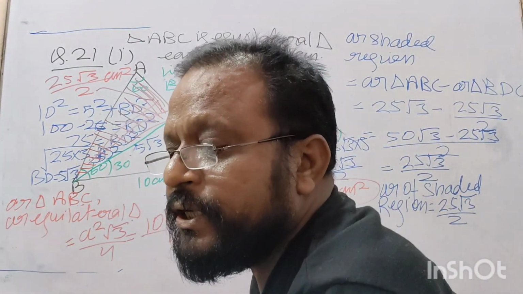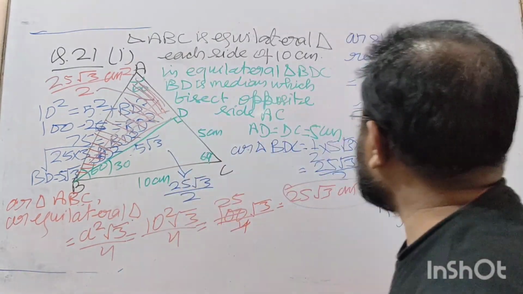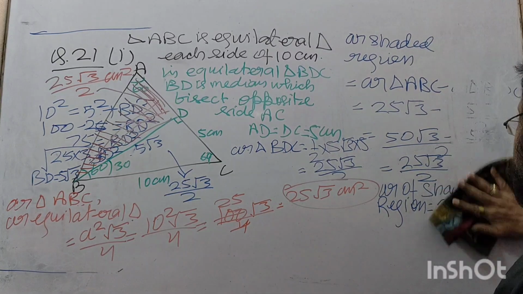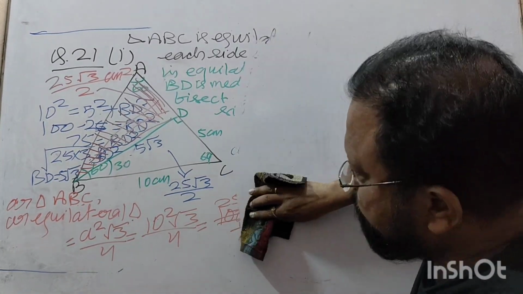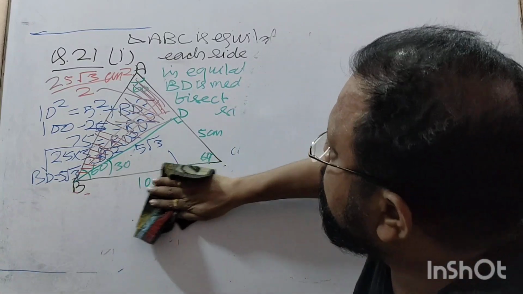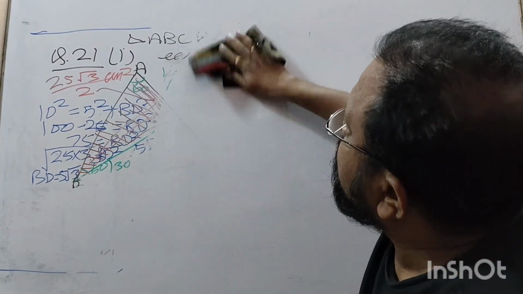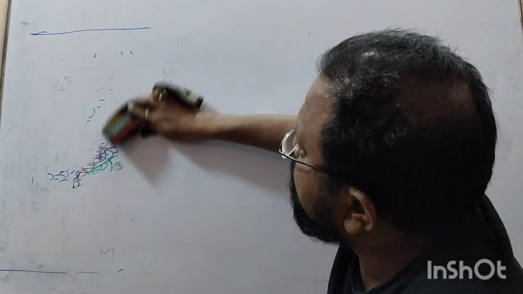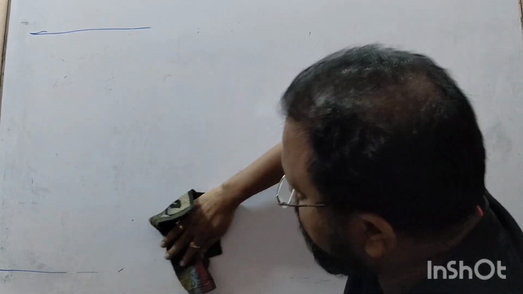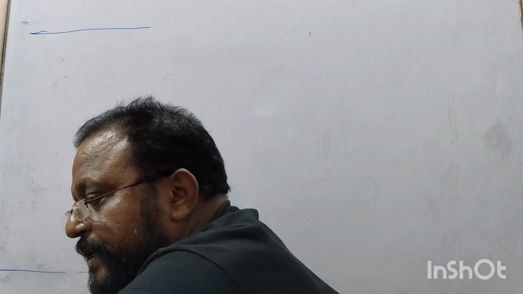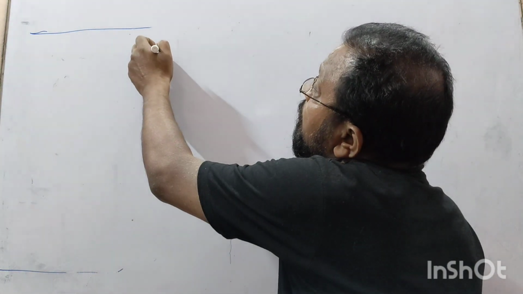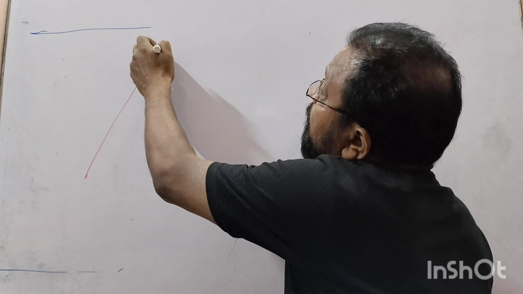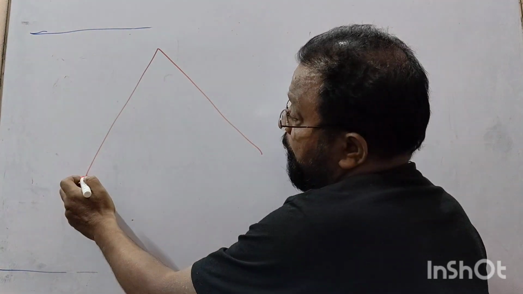What is the question given in your book that is different? As per your book, the question is like this. There is an equilateral triangle ABC.